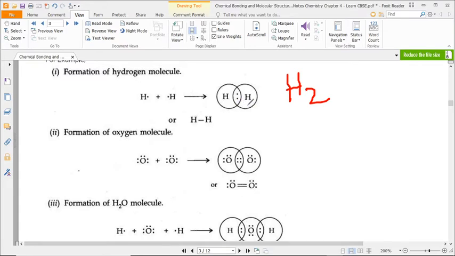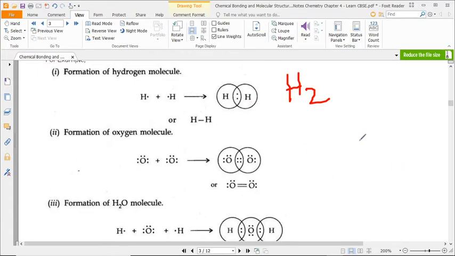Now count the number of electrons surrounding each hydrogen atom. It is 2. So though it is not 8, this is acceptable. This is an exceptional case where some atoms have fewer than 8 electrons and still they are stable, and that is called an exception, and hydrogen is one such exception.